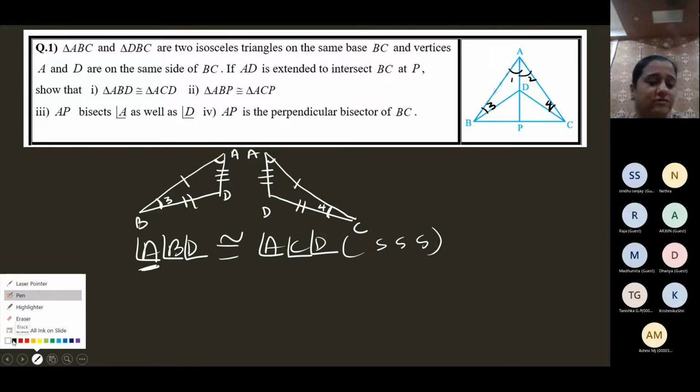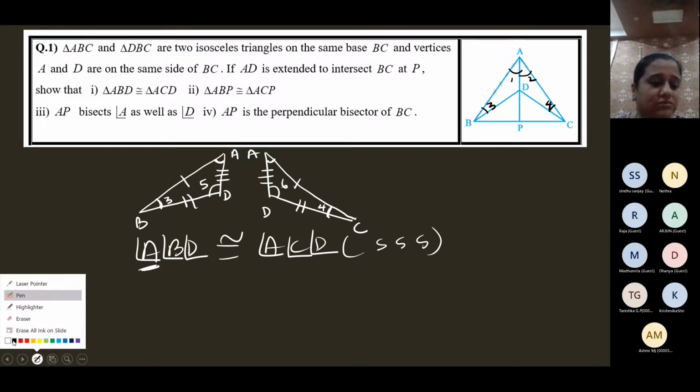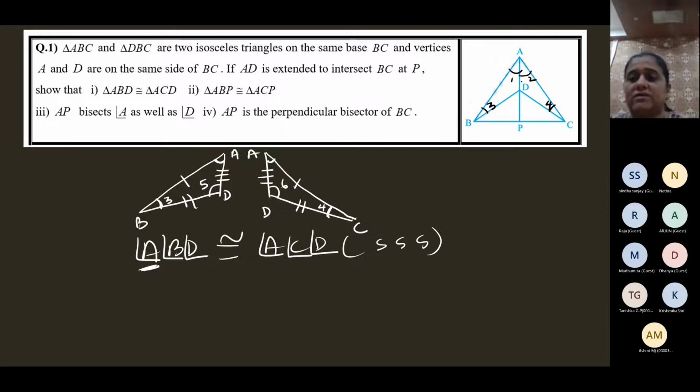So 5 is equal to 6. That's why we marked this angle 5 is equal to this angle 6.